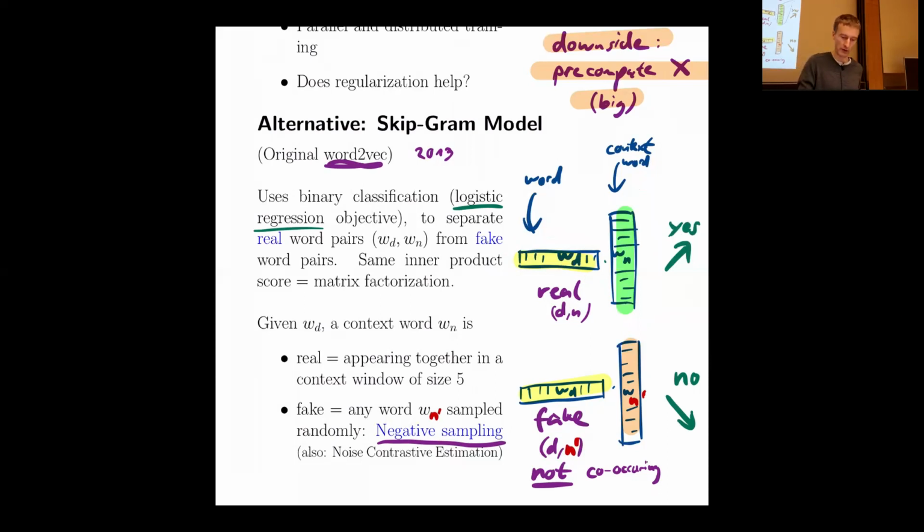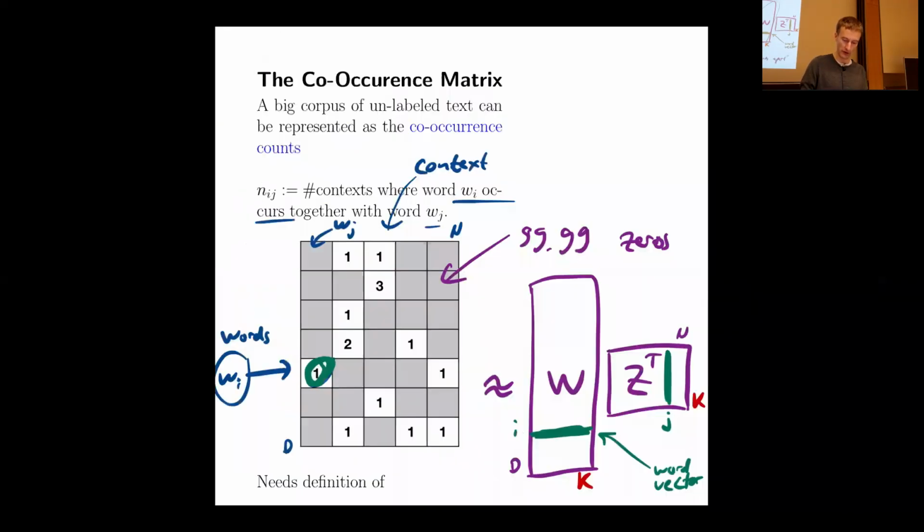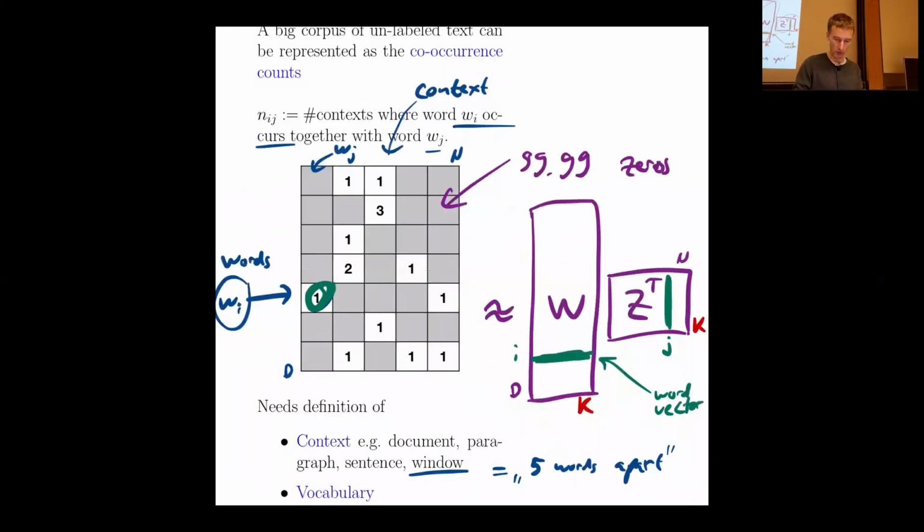Actually they use different ones in Word2Vec, but it doesn't matter much. The context embeddings, you will throw them away anyway. We don't care about them. They're just there to train these guys. And that's exactly the same situation as when we did the matrix factorization. These guys we're interested in, and those are just for the game of training. So they help us. Context embedding and word embedding, both is fine.